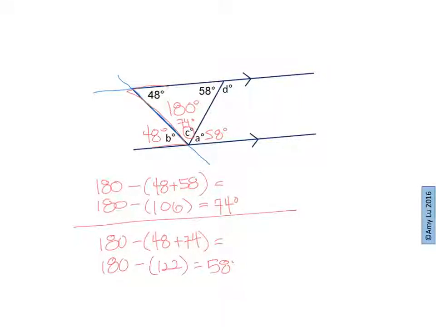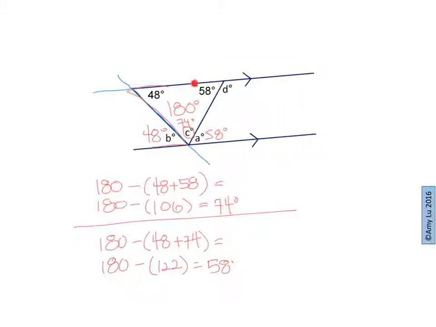Now, from here, some of you might be saying that, oh, 74 and D, oh, they are alternate angles. They actually aren't, and the reason is this, because this part right here is broken away from that parallel line. So you can't say that D is 74. So here's another thing you can do.